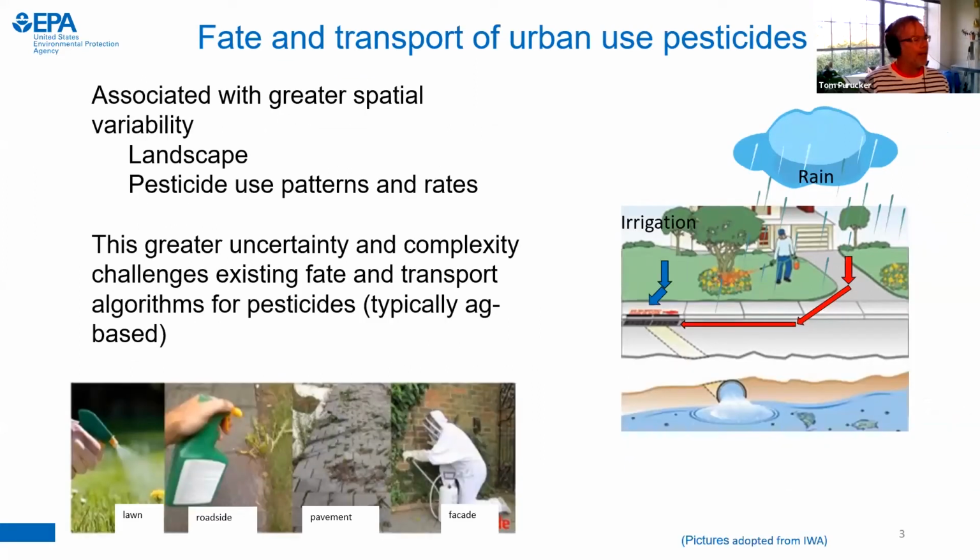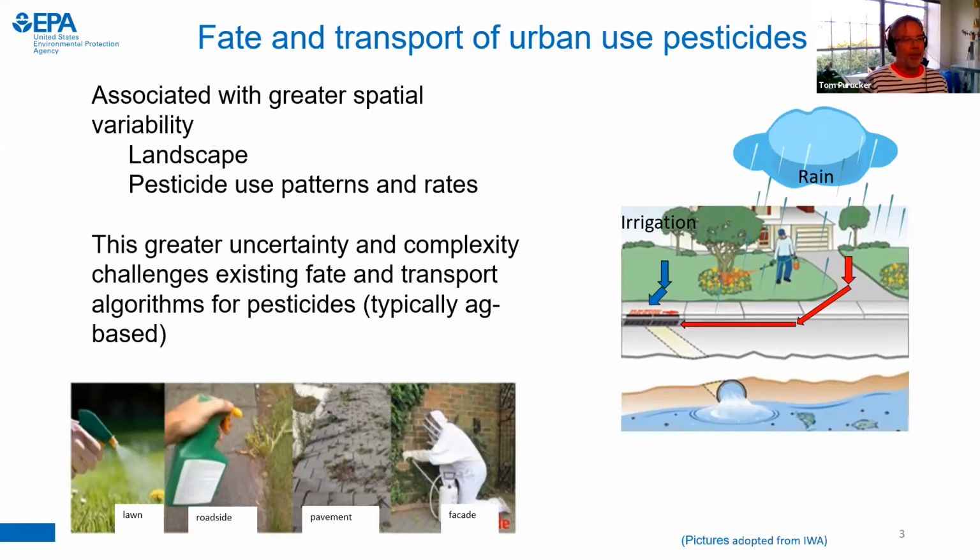So we want to get into fate and transport relative to agricultural areas. These urban areas have a lot more spatial variability, a lot more landscape variability, a lot more differences in pesticide use patterns and rates. They're not as uniformly applied. And so we have a lot of uncertainty, a lot of complexity just dealing with getting the inputs to the system right, and then how they route.